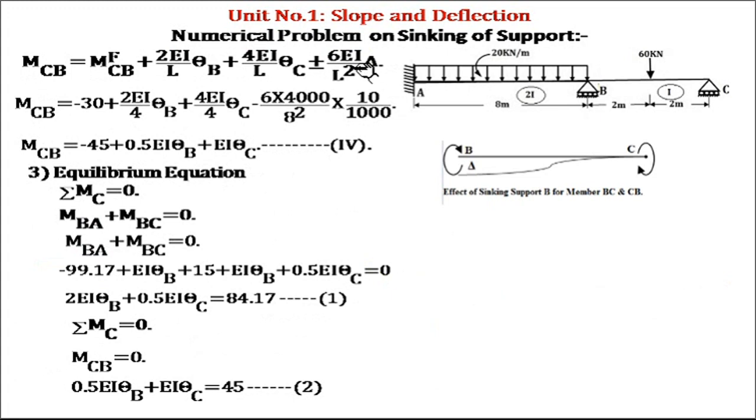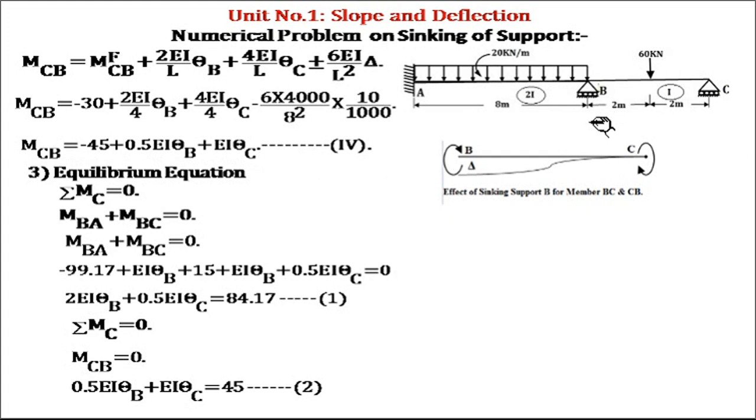Again here we are using negative sign because here the movement is clockwise. So if you put the values of length and I, we get the equation for member CB as minus 45 plus 0.5 EI theta B plus EI theta C.